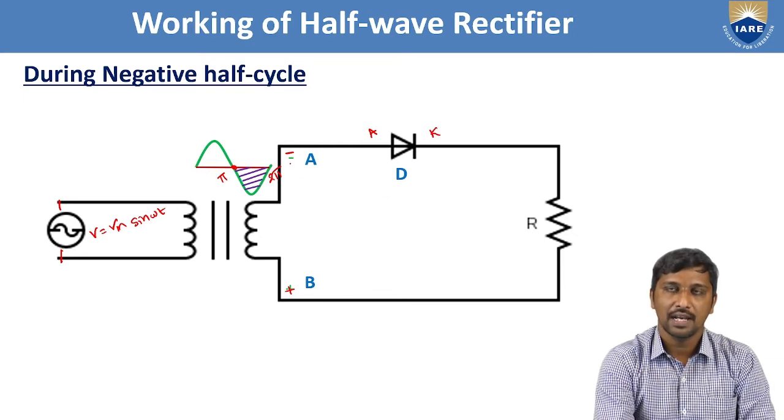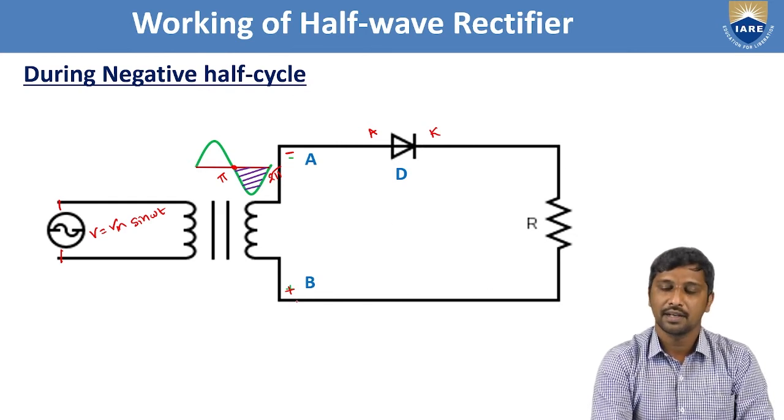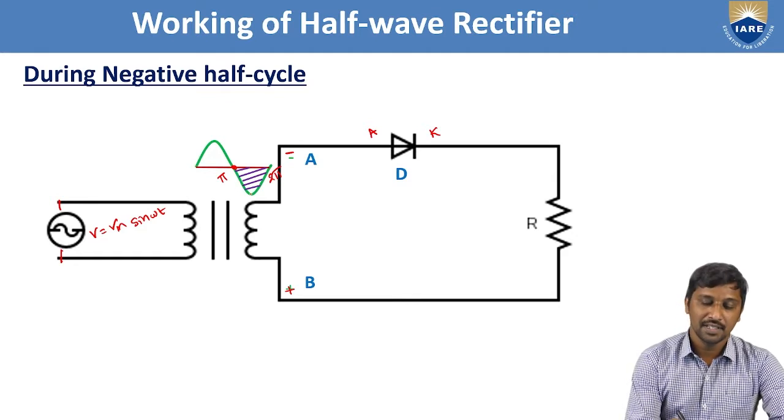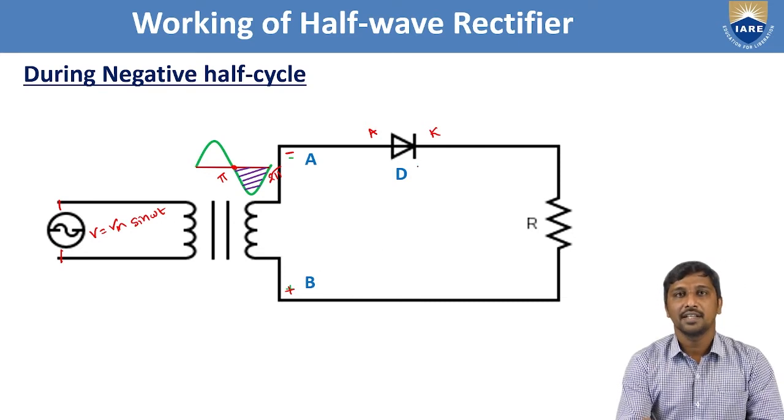The negative polarity is connected to the anode, and the cathode is connected to positive polarity. When we pass this negative peak, the pi to 2 pi duration, the negative polarity is connected to the anode of the PN junction diode, and positive polarity is connected to the cathode of the PN junction diode.